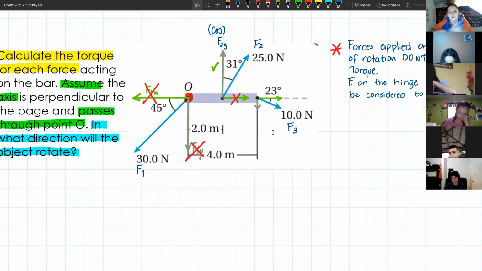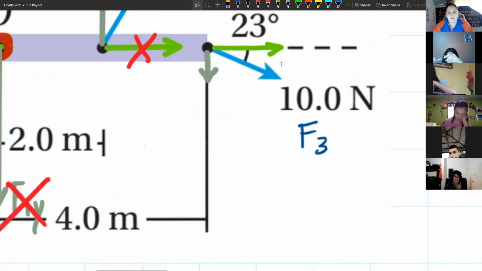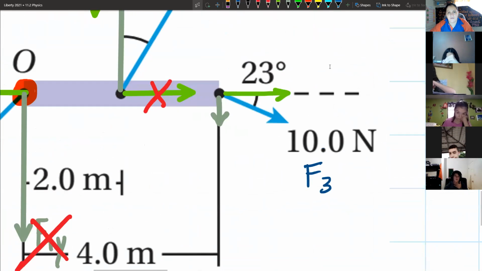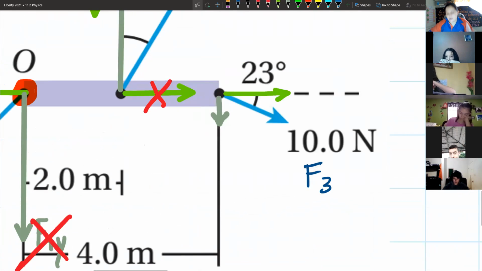Now this one is a little bit more complex. So I'm going to zoom in, okay? We're in this part only. Now tell me, which of the two forces are doing the rotation? Gray or green? Gray. So gray is doing the rotation. I'm gonna put a mark over there.